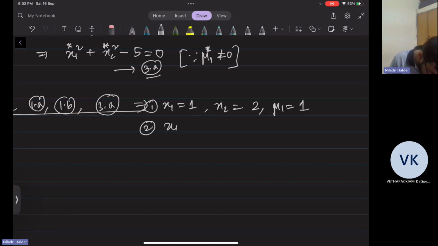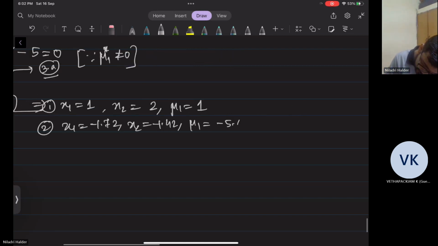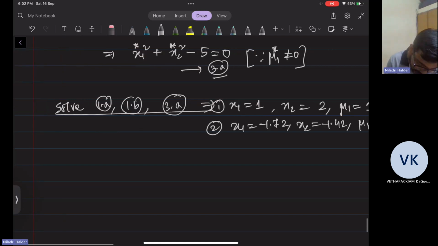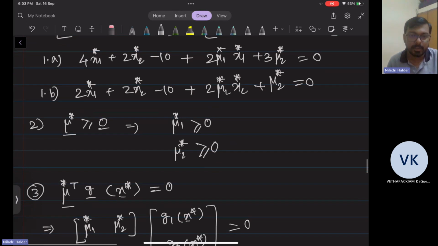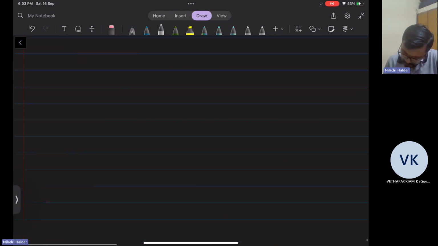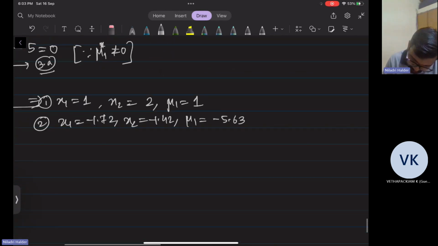Second one is x1 equal to minus 1.72, x2 is equal to minus 1.42, mu1 equal to minus 5.63. But the thing is that in condition 2, mu should be positive only. So as mu is negative, this is not feasible.